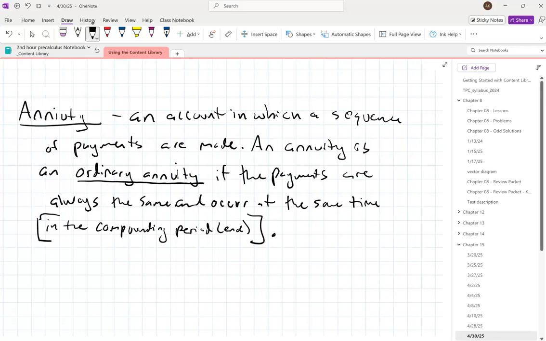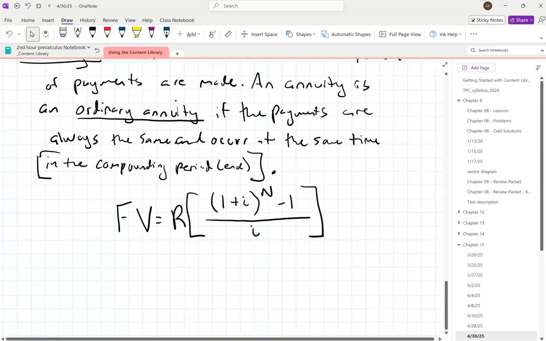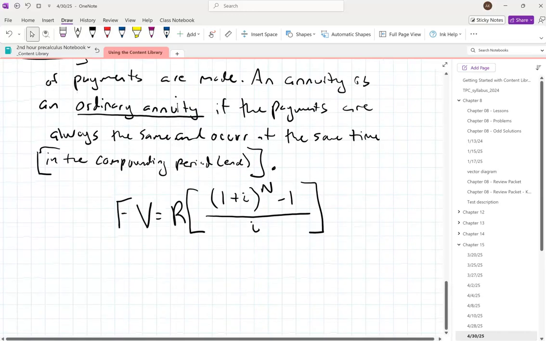For our purposes, we're going to always say that they're going to happen at the end of the compounding period. So our formula for annuity is the following.